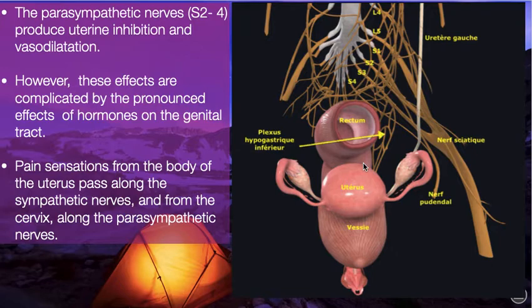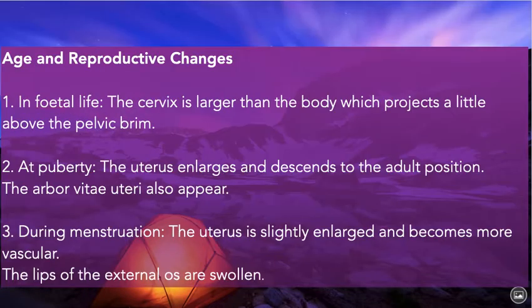However, these effects are complicated by the pronounced effects of hormones on the genital tract. Pain sensation from the body of the uterus passes along the sympathetic nerves and from the cervix along the parasympathetic nerves.